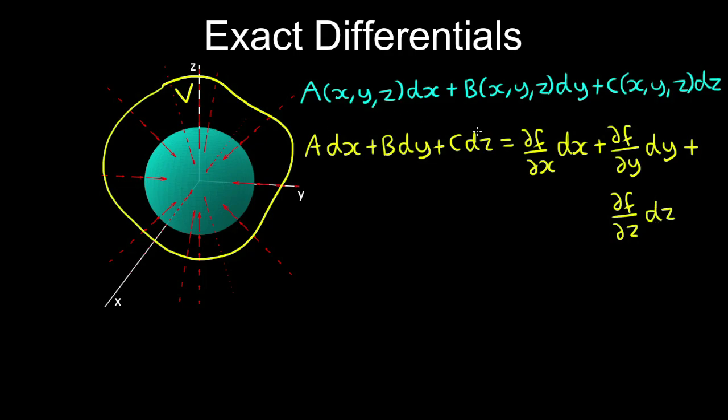And a differential form is equal to the total differential. So we can write this expression as the total differential of f. So f is a scalar function defined throughout V.